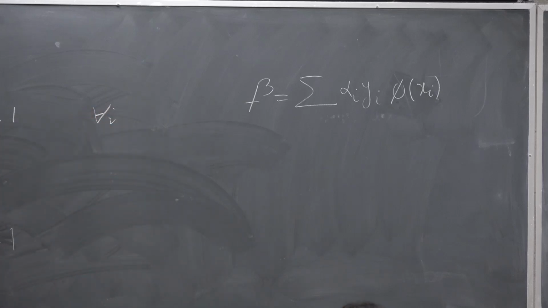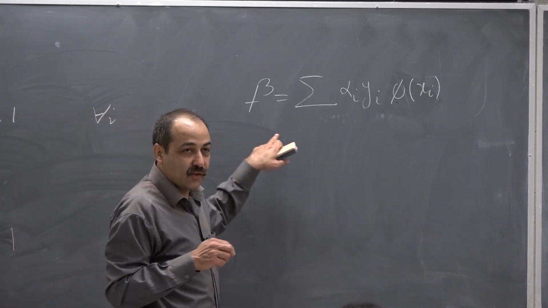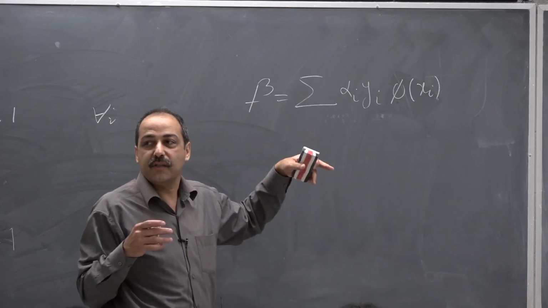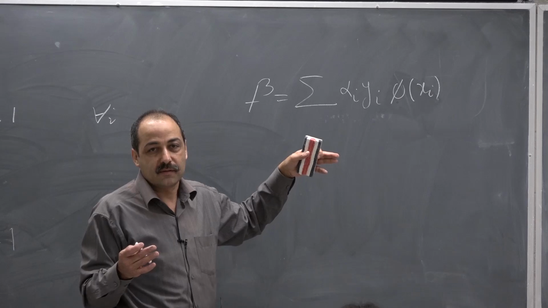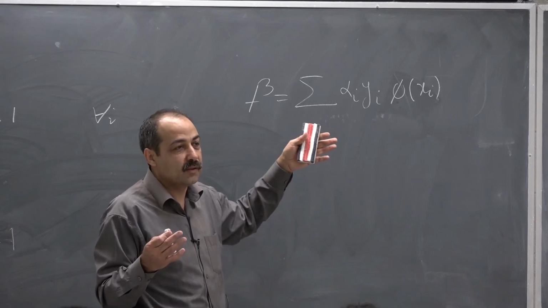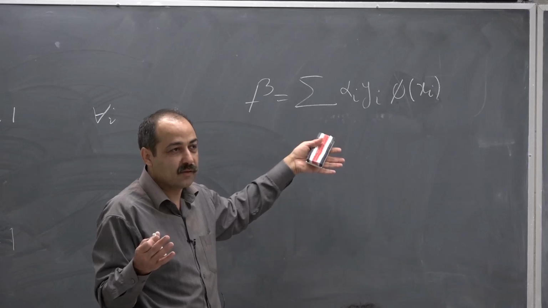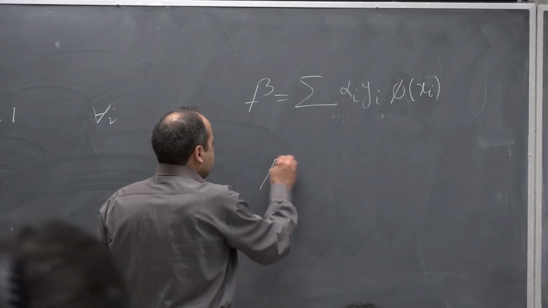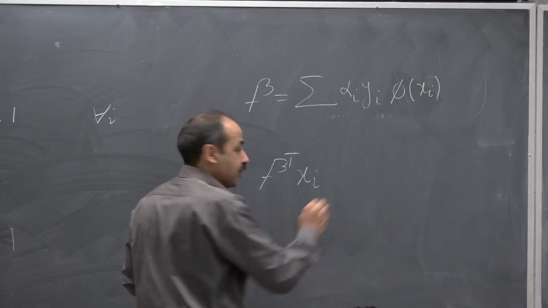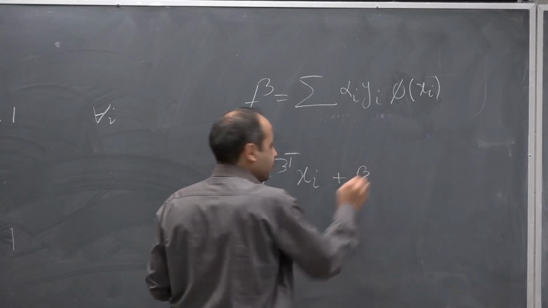In fact, you have to ask yourself whether you need beta, or you just need to know the decision boundary. We compute beta to compute the decision boundary. We don't need beta itself. And the decision boundary is beta transpose x plus beta null, right?